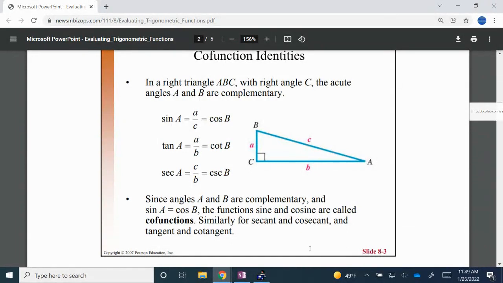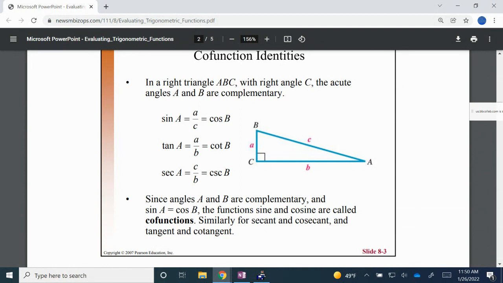And it says that sine A is equal to cosine B, and that the functions sine and cosine are called cofunctions. Similarly for secant and cosecant, and tangent and cotangent.